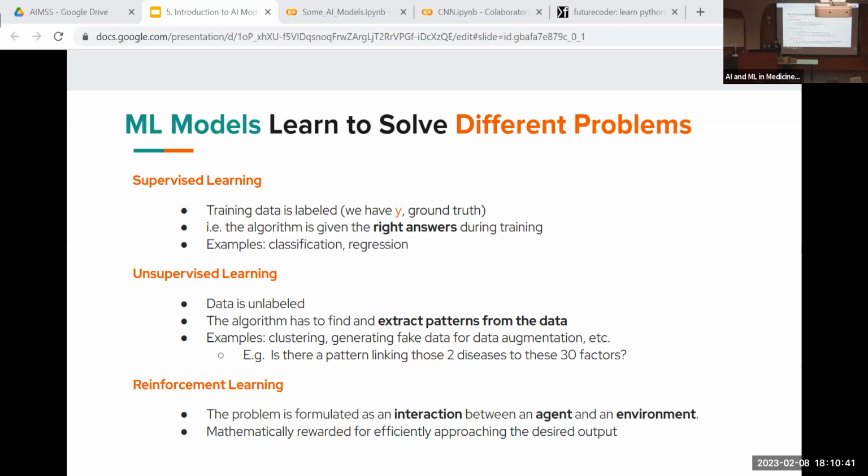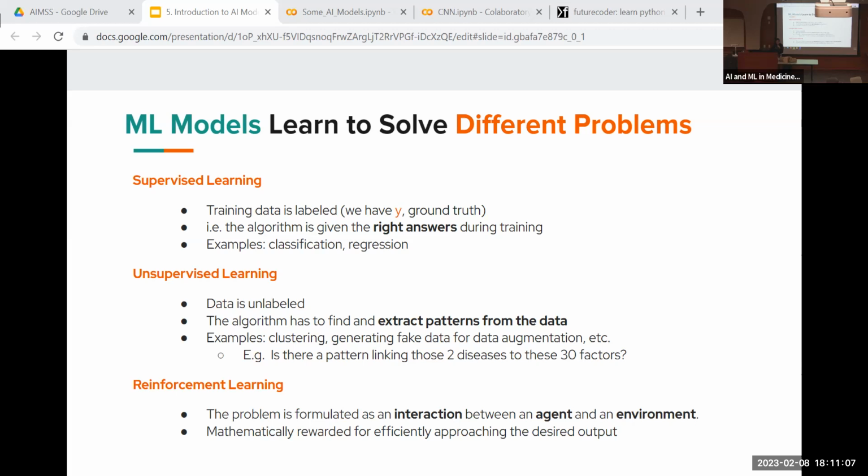We know for each sample, for example, in the previous example, whether the person is likely to have a heart disease or not. And the algorithm is given this ground truth, and the algorithm knows the right answers during the training phase. And this way, the model is trained.